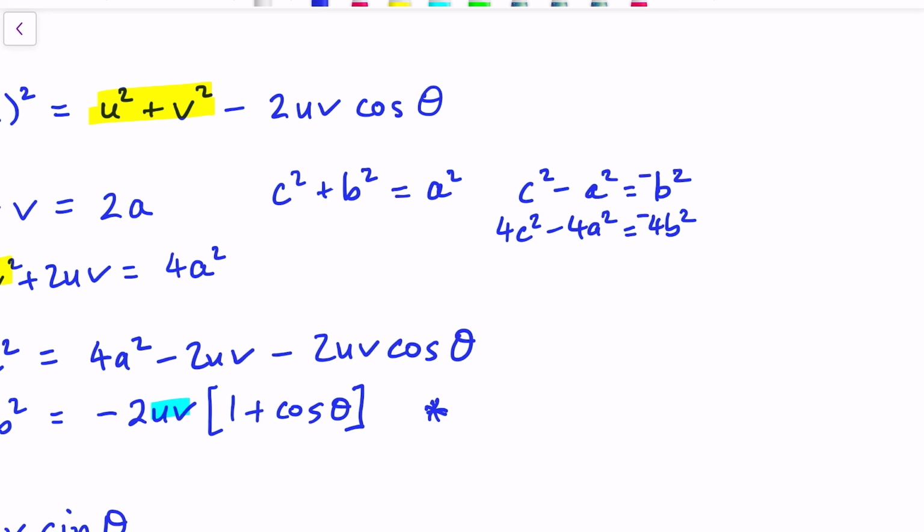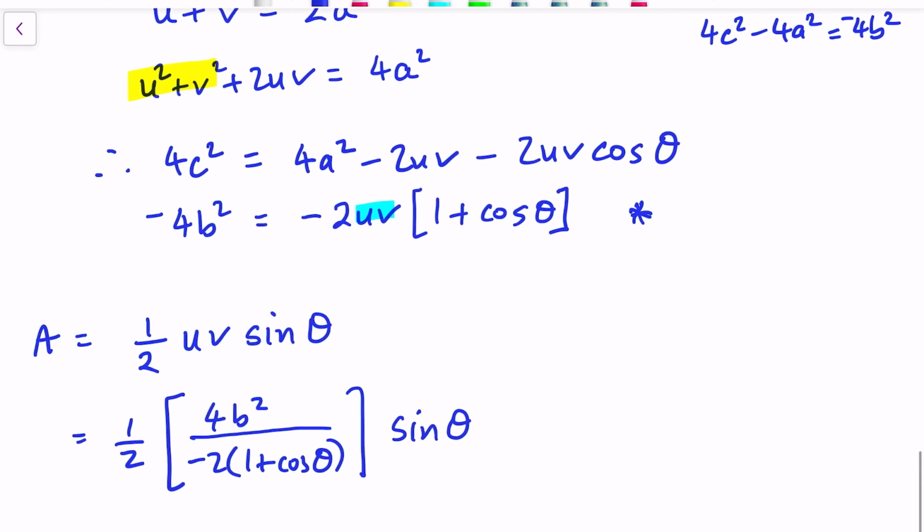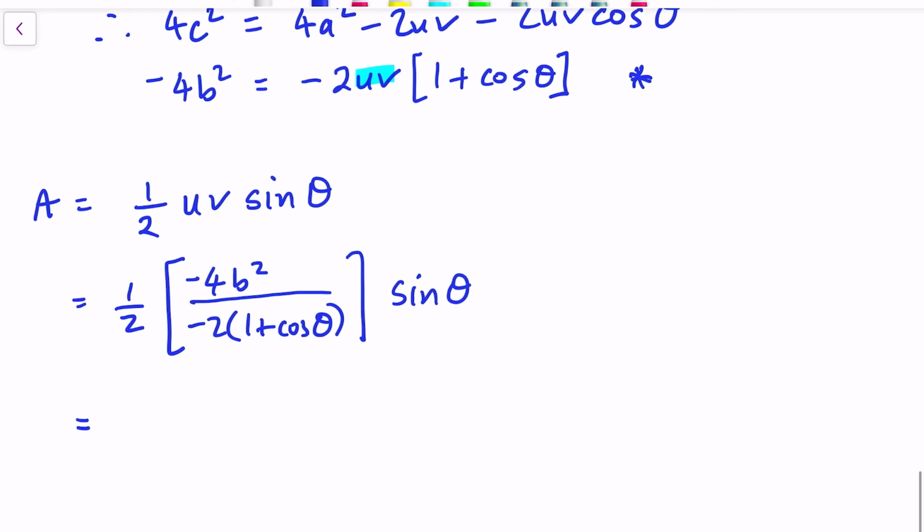So negative 4b squared there. Right, that's better. It's a positive now. We've got negative 4 divided by negative 4. So we've got that coming down to sine theta over 1 plus cos theta with a b squared.